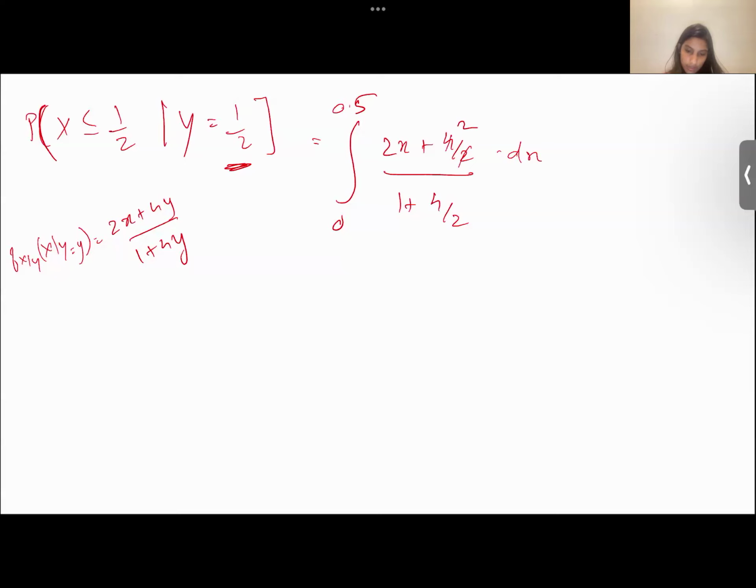So this further becomes the integral from 0 to 0.5 of 2x plus 2 divided by 2 plus 1, which is 3, dx.